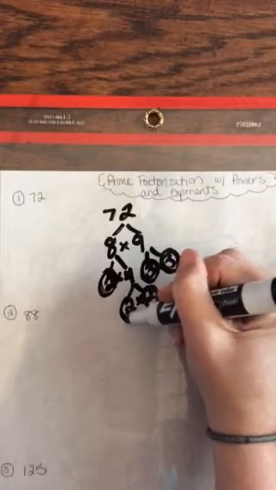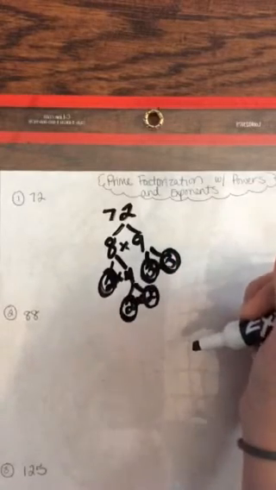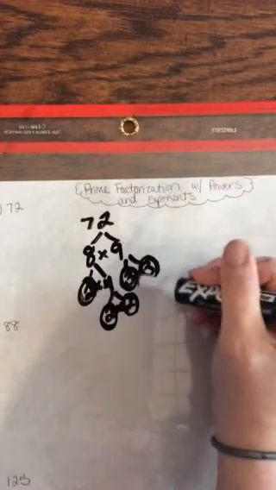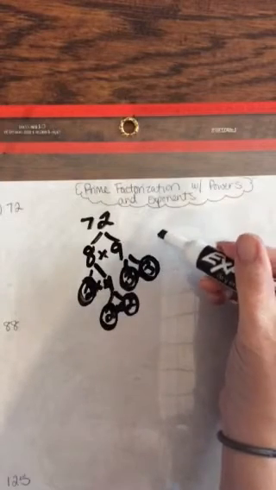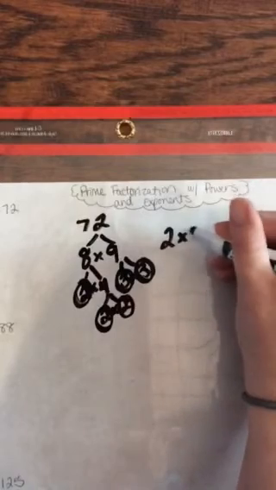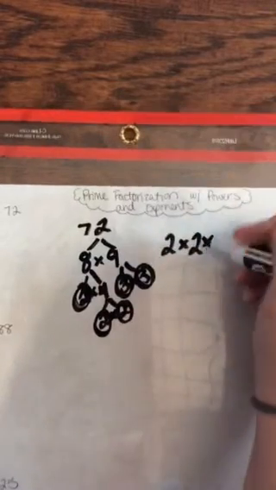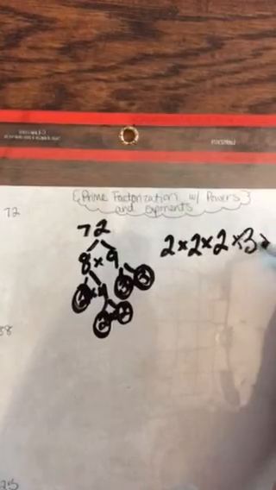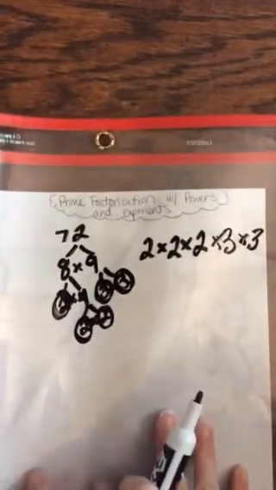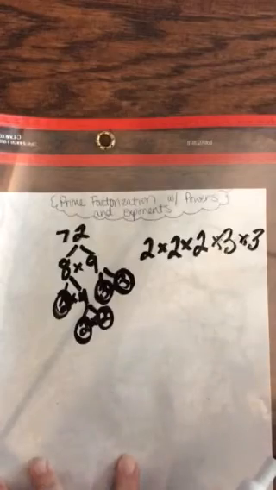Just like we did in our last video, when we were finding our prime factorization, it's really helpful if you write all of these last digits in order from least to greatest. And here today you're going to find out why. So I notice that I have 2 times 2 times 2 times 3 times 3. So those are the prime factors of 72.